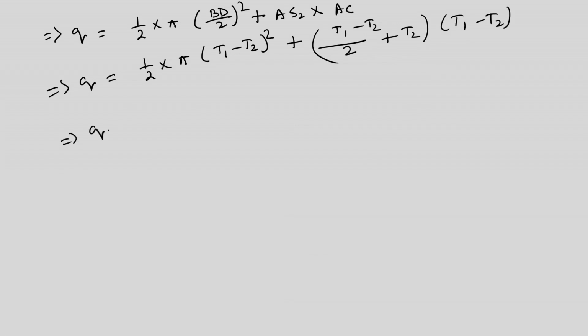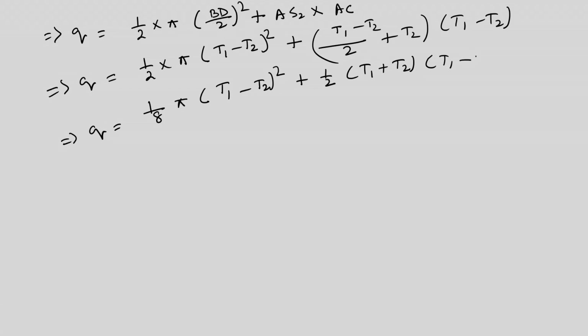So, we get Q is 1 by 8 times pi (T1 minus T2) to the 2 plus half (T1 plus T2) times (T1 minus T2). Okay. So, this is the heat.